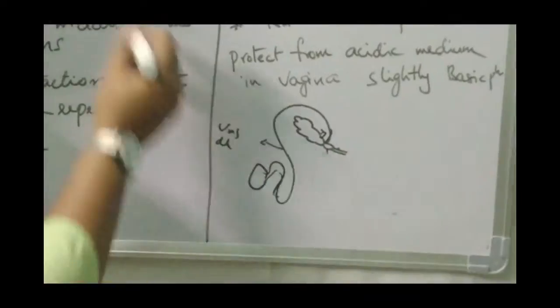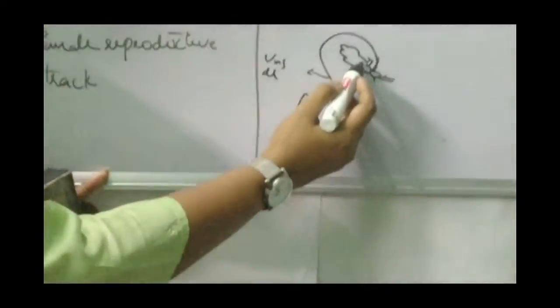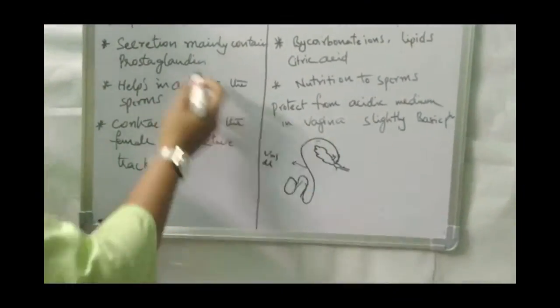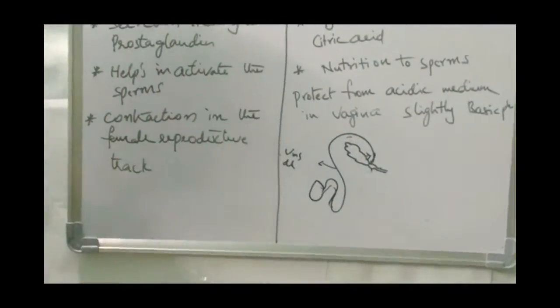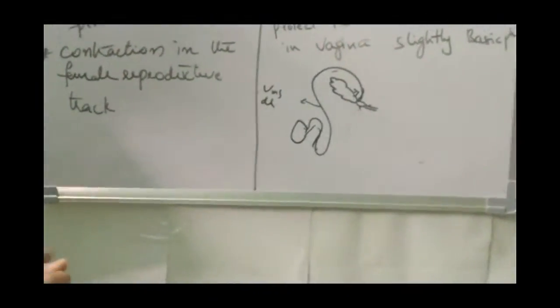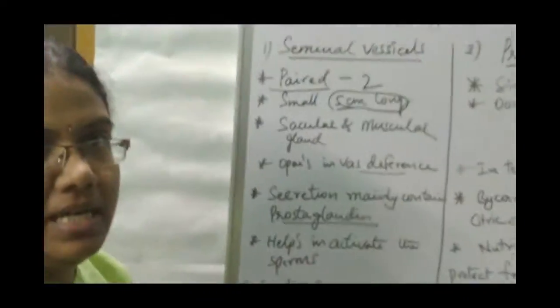The seminal vesicle is connected to the vas deferens or duct. The main secretion content is prostaglandin. The seminal vesicles produce prostaglandin hormone, which helps in the activation of sperms.